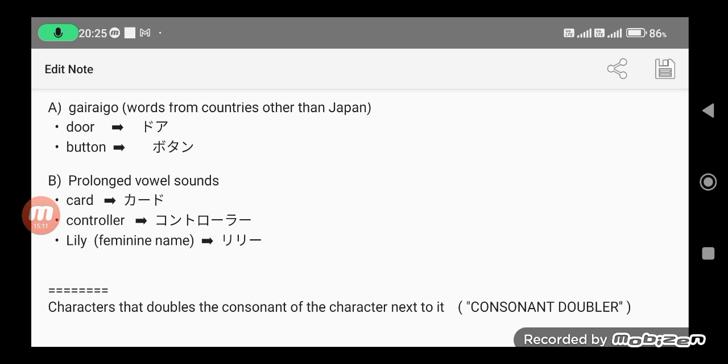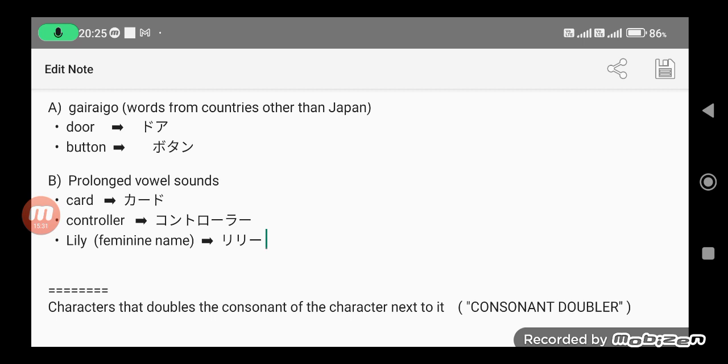Just like card becomes kaado, controller becomes kontorooraa. And we have here an example of a proper noun, a feminine name, Lily, Riri.